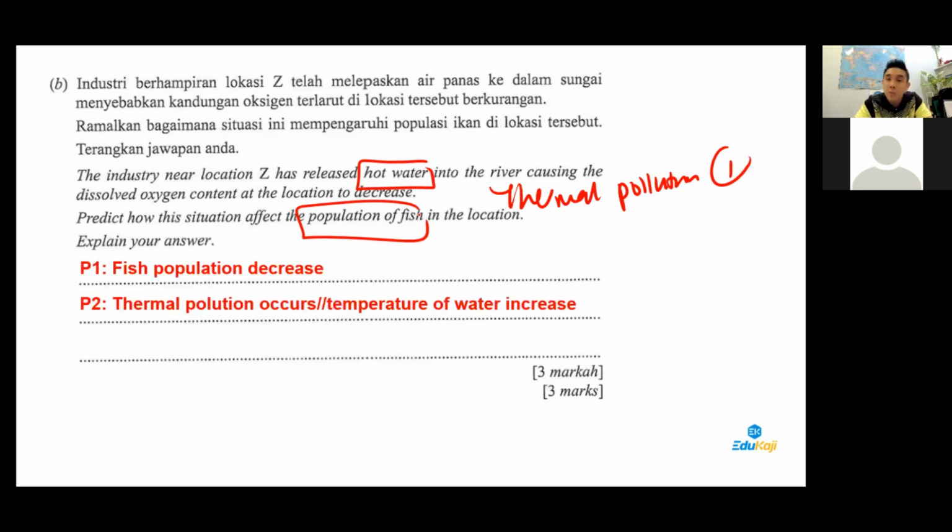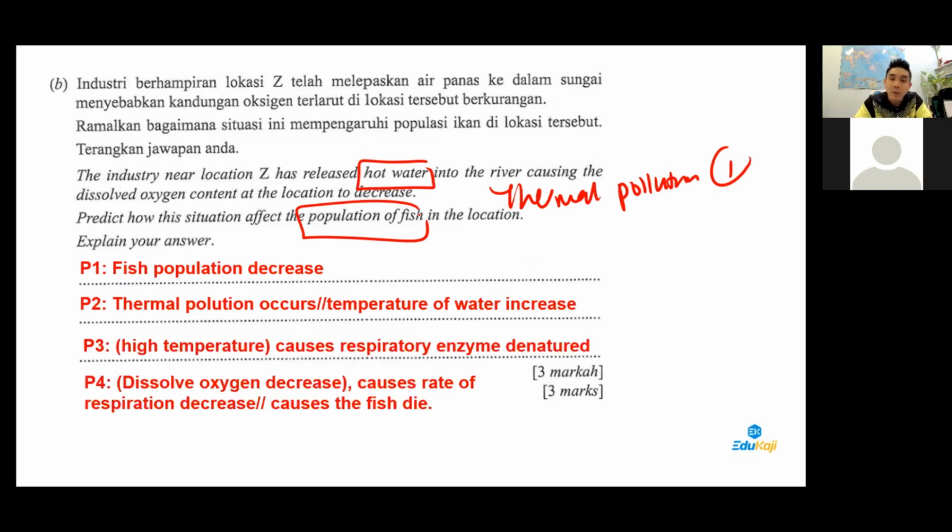Fish decrease because of thermal pollution, and rate of respiration will decrease. This one I find not too good. This can cause death of fishes. Just take these three lah. I think P1, P2, P4 is quite sufficient.